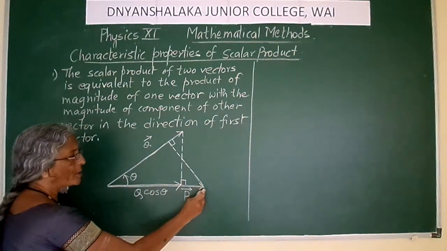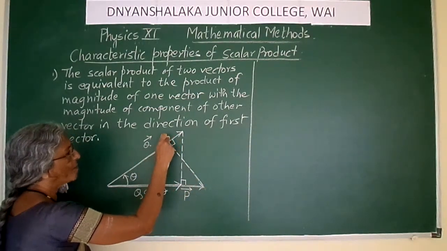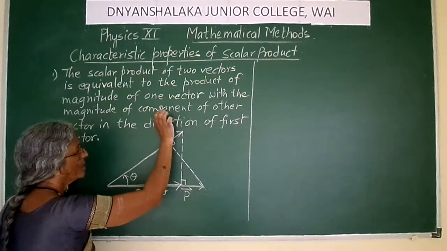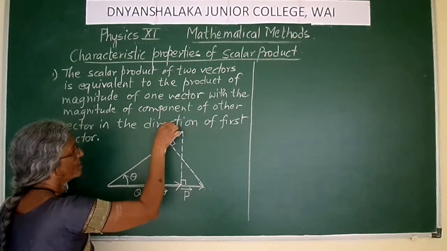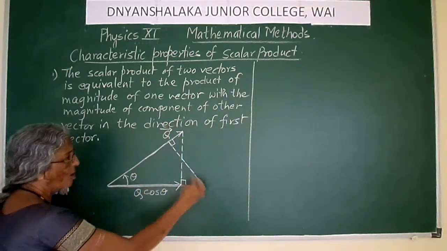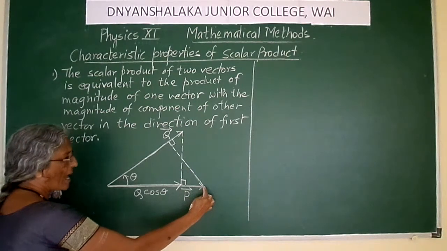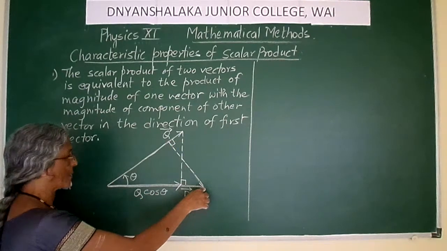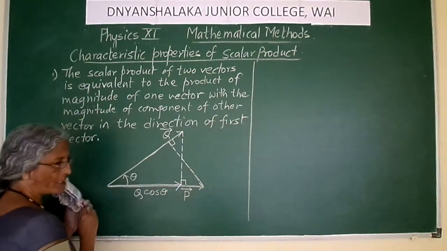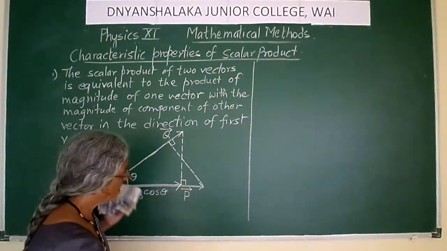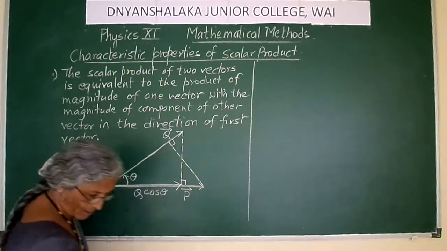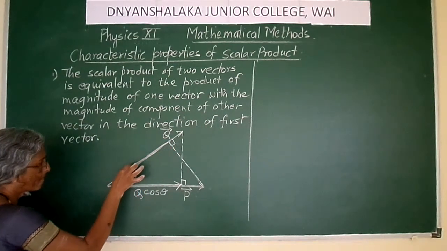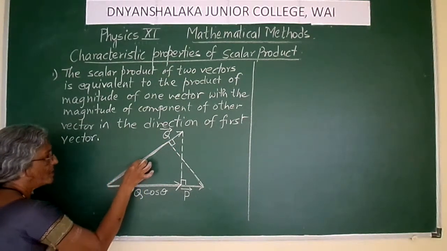I have drawn a perpendicular from the endpoint of vector P on vector Q. This is vector Q. And on this vector Q, I have dropped a perpendicular from the endpoint of vector P. Then this component that I am getting, from here till here, can you see this component?